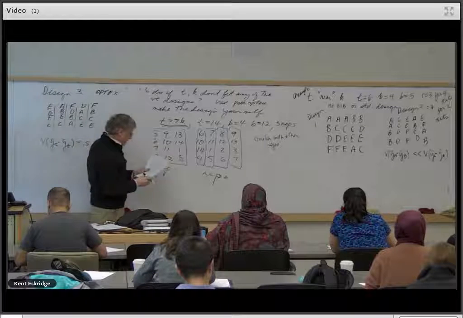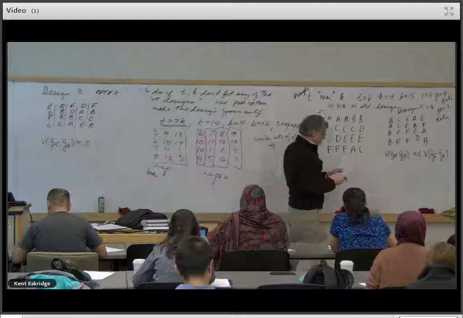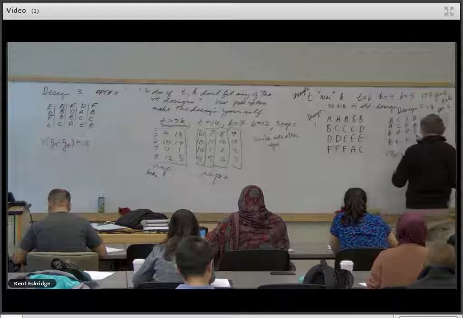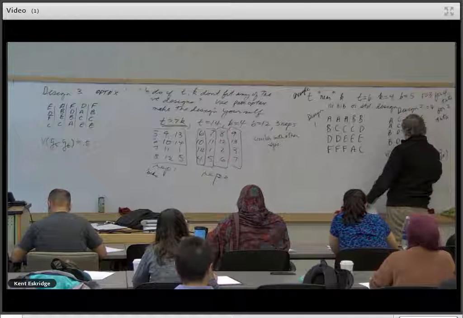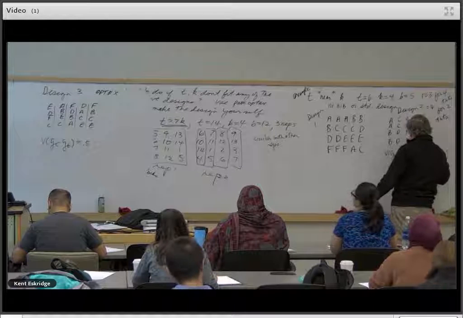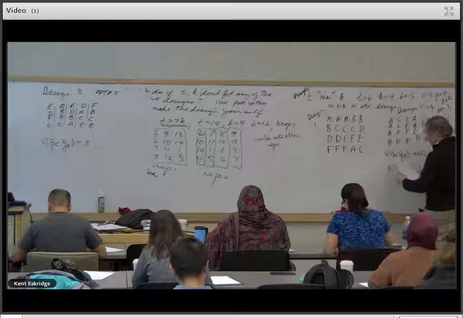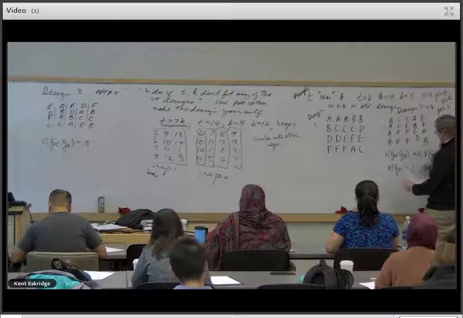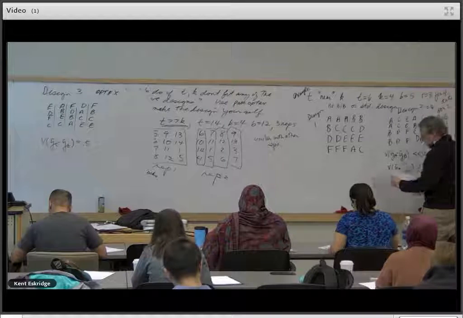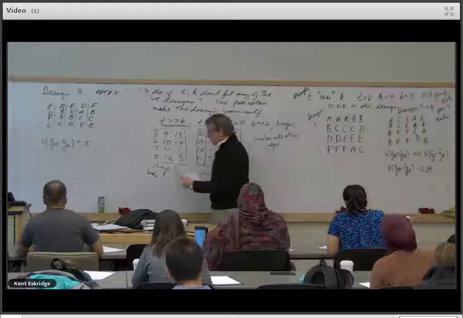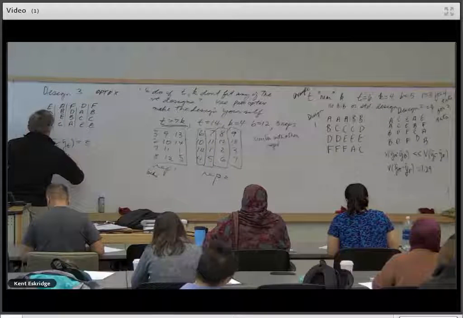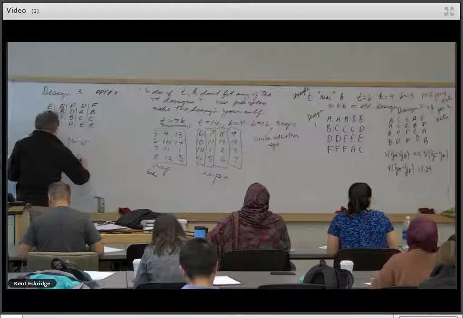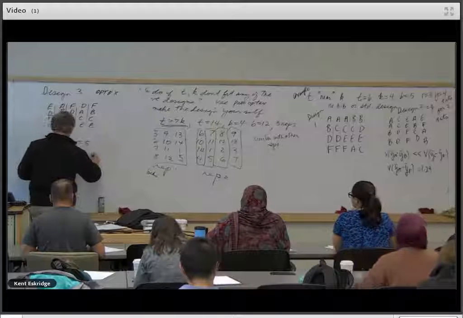And the variance of A minus F in design 2 is 1.29, whereas the variance of A minus F in the Optex design is 0.608.